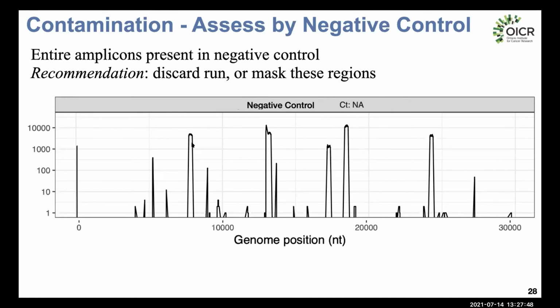The recommendation would then be either to discard the run and resequence it, or if you prefer, you may want to just mask all of the real samples with Ns in the regions that are indicated as being contaminated with these amplicons. Typically in CanCogen, if there are 2 or fewer amplicons in the negative control, we would try to mask them. If there are more than 2, we would discard the run and resequence it.